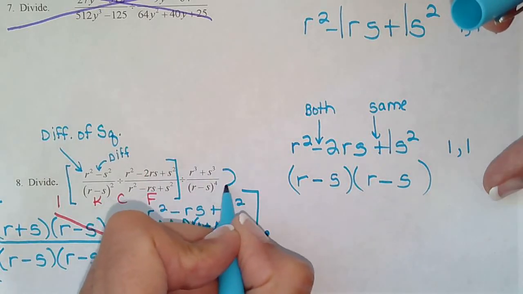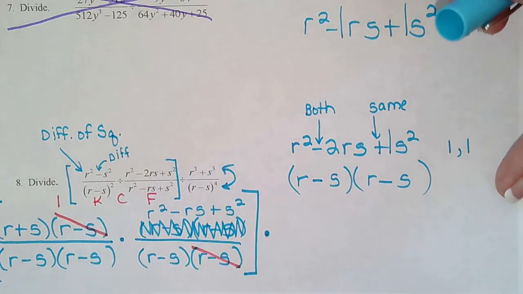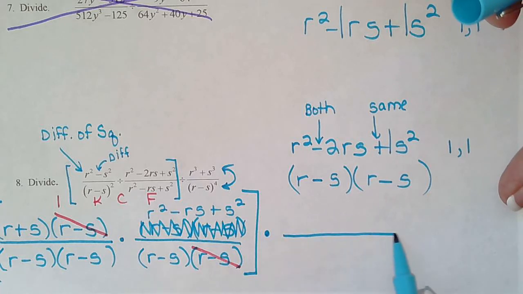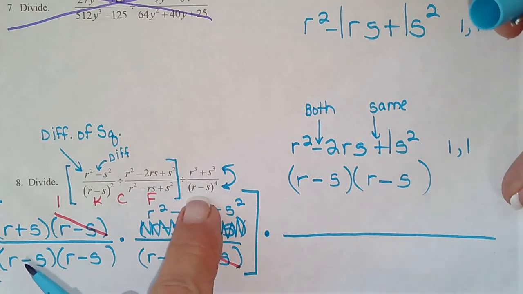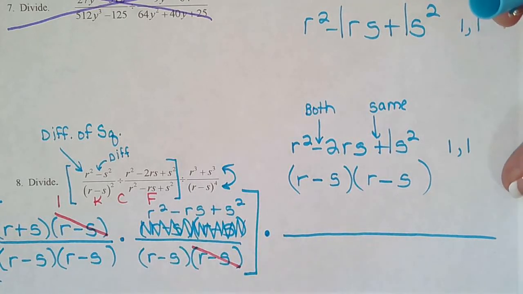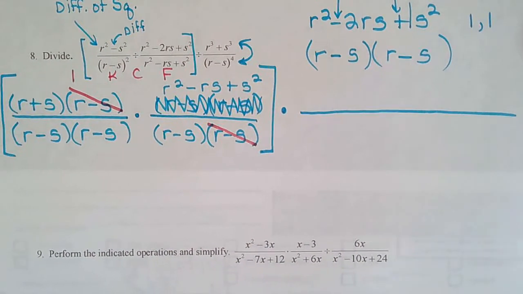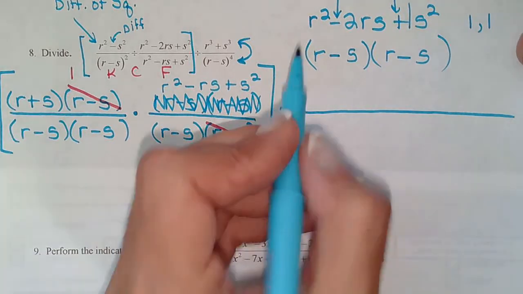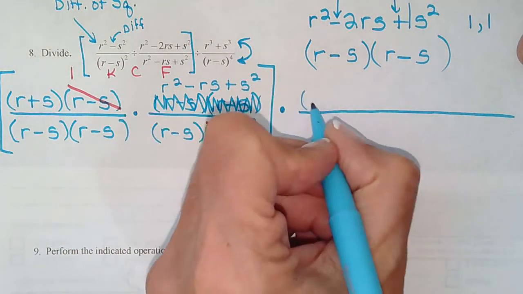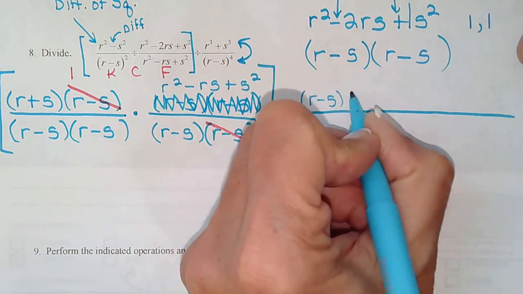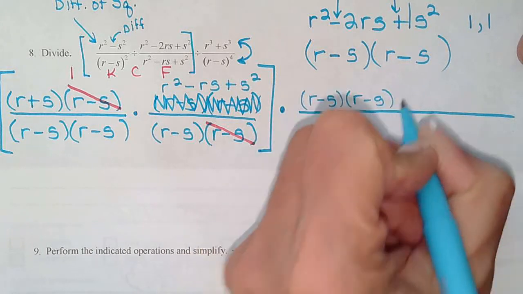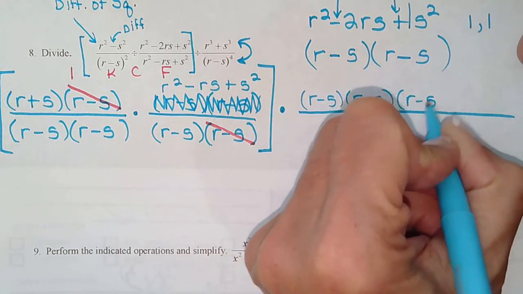So let's draw our arrow this time to remind ourselves. So this will be r minus s times r minus s times r minus s times r minus s. So 4 times when we move that up. It doesn't have to be factored, it just has to be expanded so we can simplify.